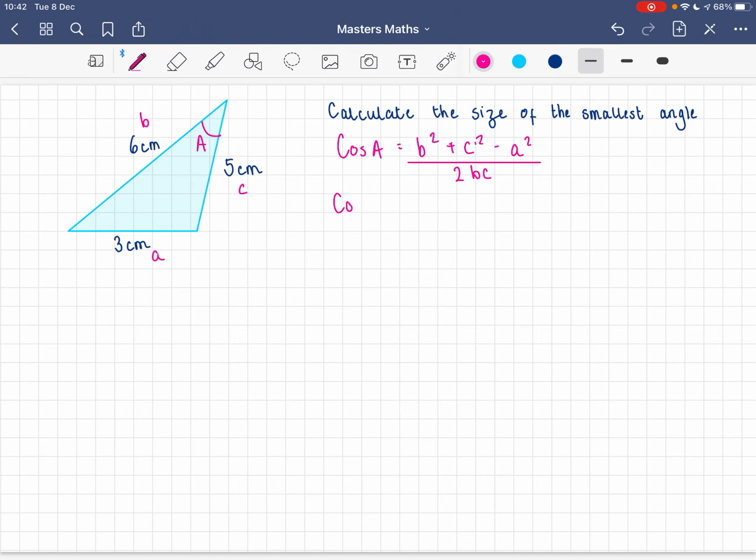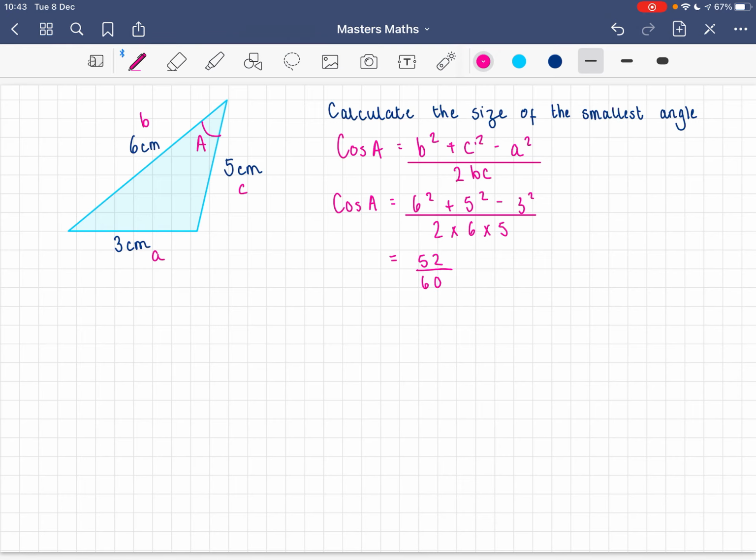So I'm trying to find cos A is equal to 6 squared plus 5 squared minus 3 squared divided by 2 times 6 times 5. Again, work out what you can just to make it a bit easier. So we have 36 plus 25 minus 9 is 52, over 2 times 6 times 5 is 60.